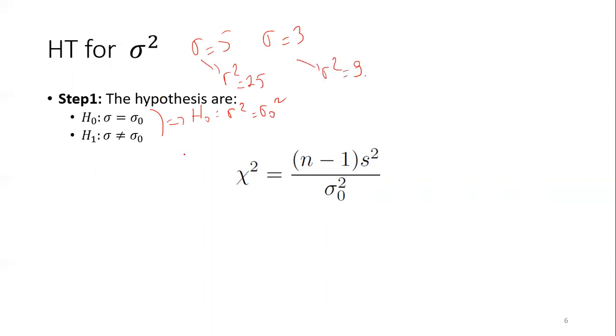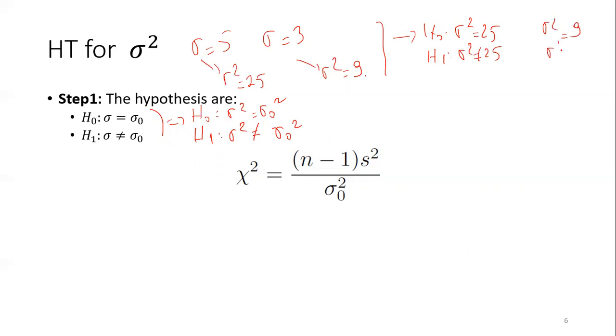H1: sigma square is not equal to sigma 0 square. So sigma square equal to 25 versus not equal to 25, or sigma equal to 5 versus sigma not equal to 5. They are exactly the same thing.